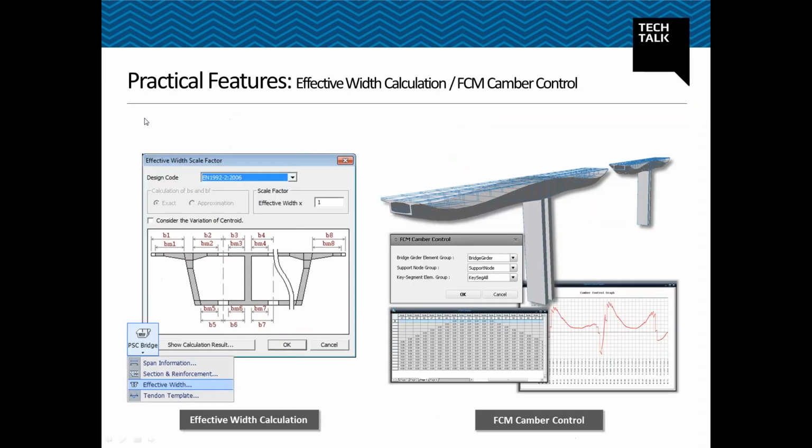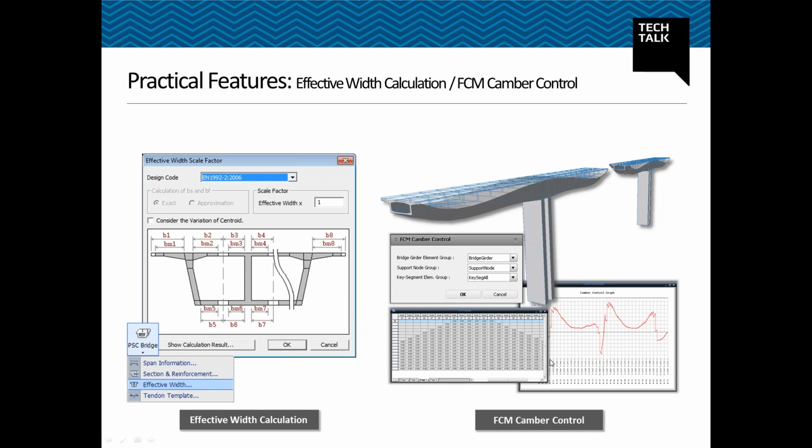Apart from those general features, there are a lot of other features useful for balanced cantilever or PSC section type projects. The effective width of the sections can be calculated automatically. And camber results: in order to make the displacement 0 at the end of the construction stage, you can perform a camber analysis and obtain those camber results.